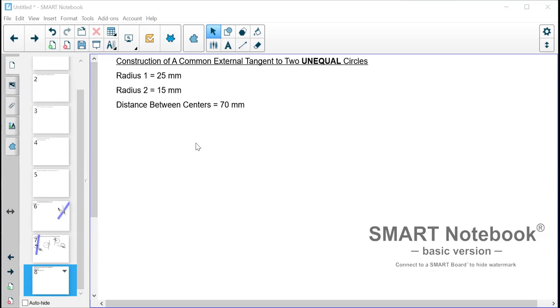This will fit the criteria of a tangent, which is a line that touches the circumference of a circle without cutting. So this tangent will touch two unequal circles without cutting.